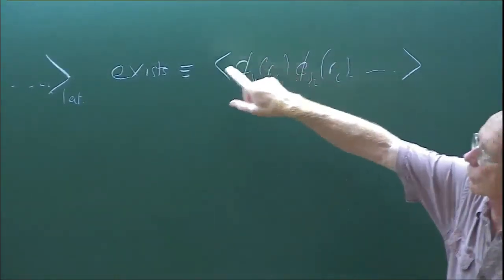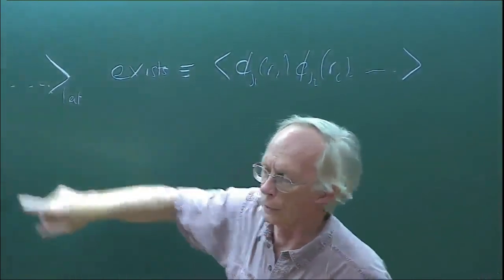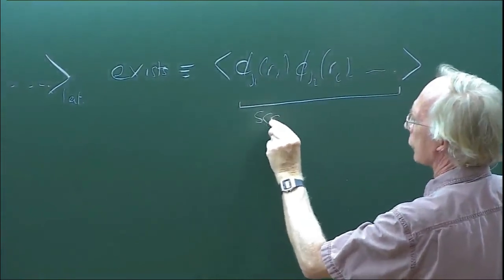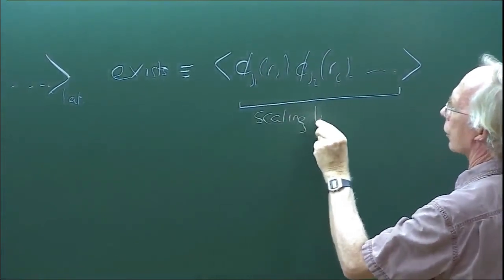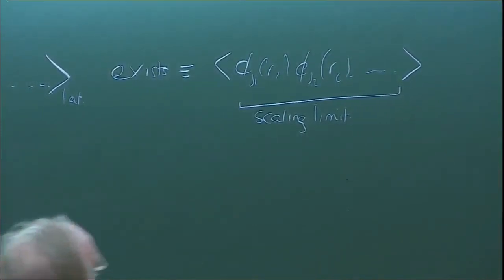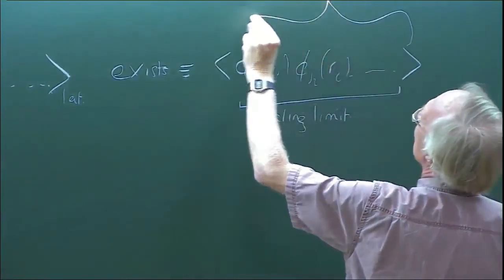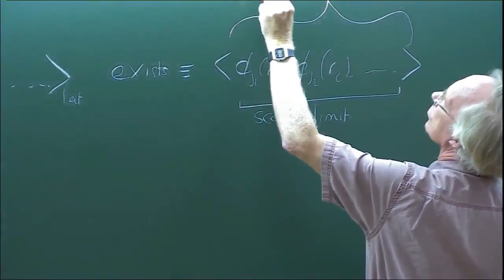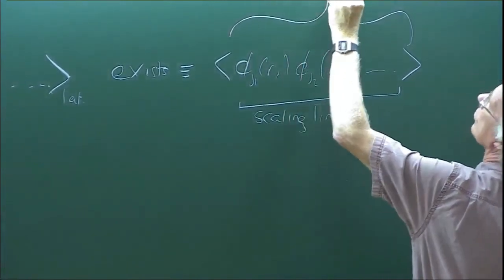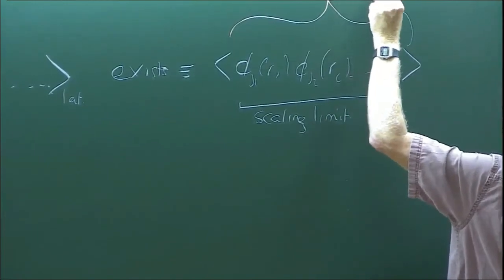So I've now dropped the superscript lattice here. This is the scaling limit of a correlation function, and this function is a correlation function of a Euclidean quantum field theory, Euclidean in the sense that we're working in R^D, not in Minkowski space, a D-dimensional QFT.